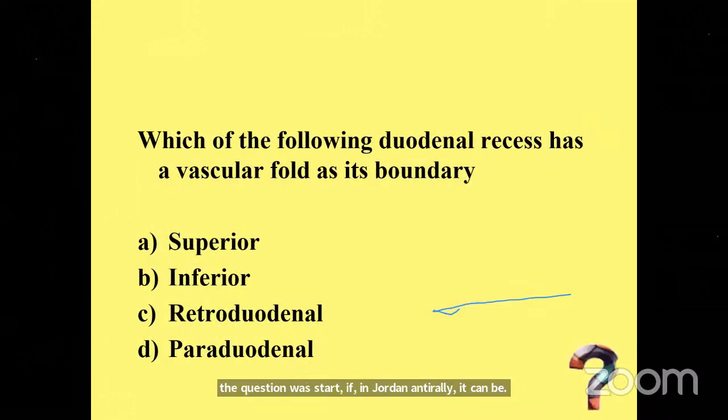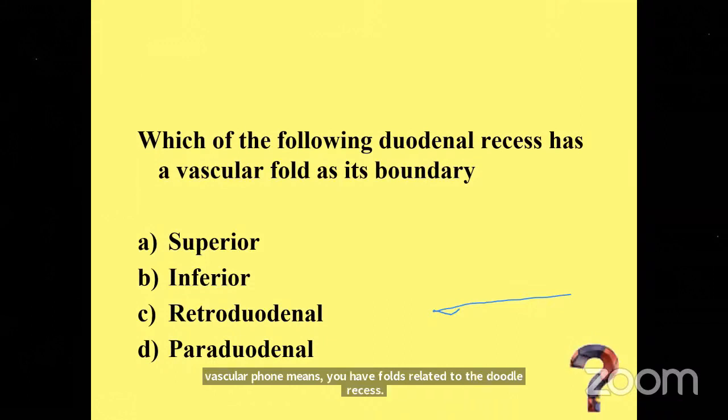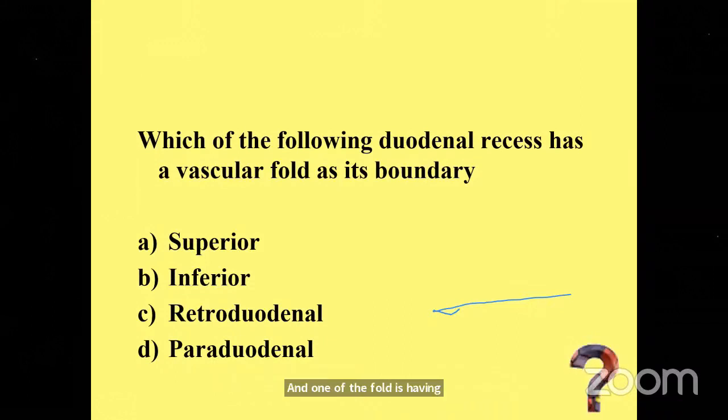Now coming to the next question. Which of the following duodenal recesses has a vascular fold as its boundary? So vascular fold means you have folds related to the duodenal recess, and one of the folds has a vessel in it. So which is the fold having a vessel in it? That is the question.